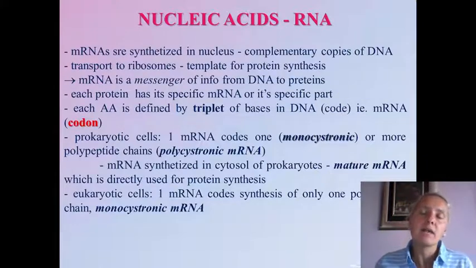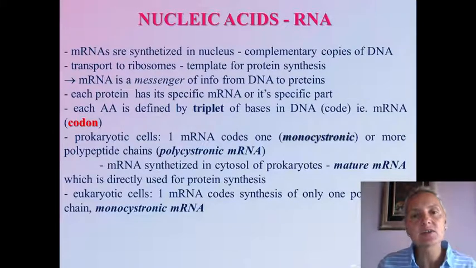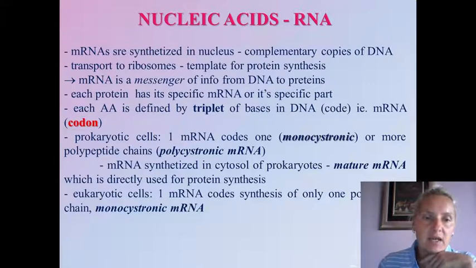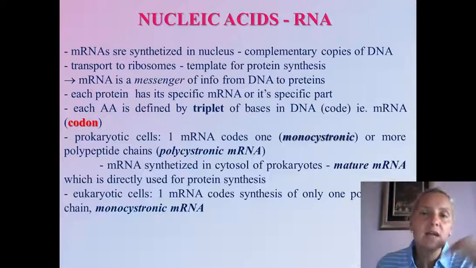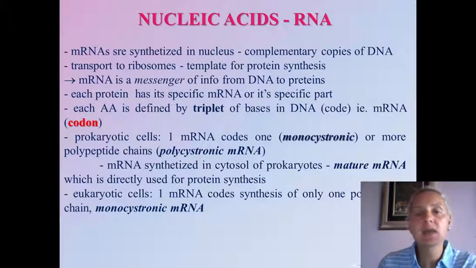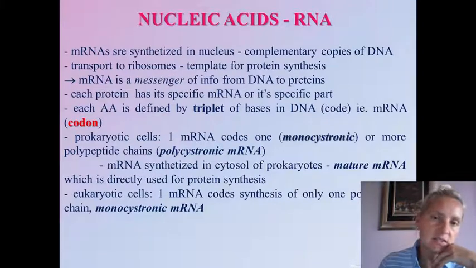So the messenger RNAs are synthesized in the nucleus like all other types of RNAs, and they are nothing else but complementary copies of DNA. Then they are transported through the nuclear membrane to the cytosol and then to ribosomes, and they are going to serve as unique templates for protein synthesis.